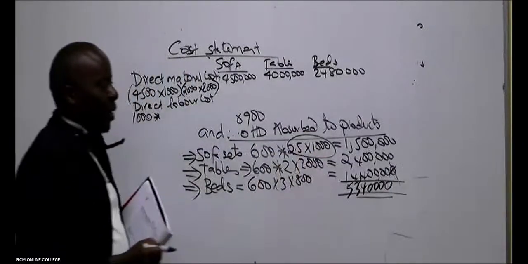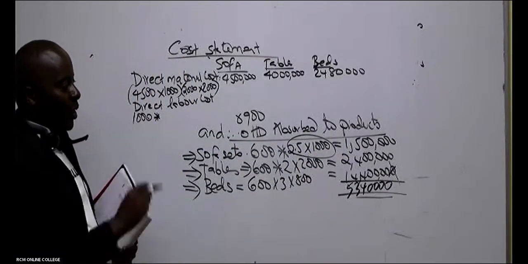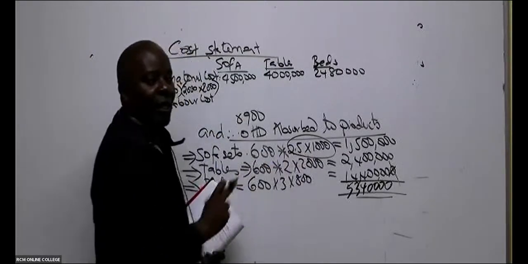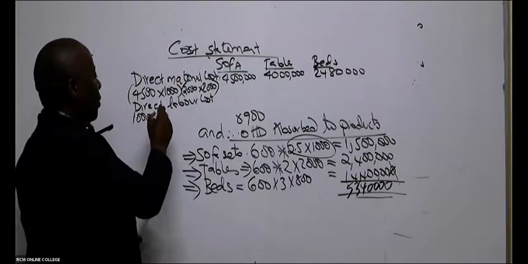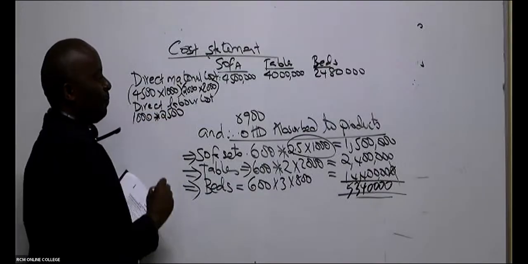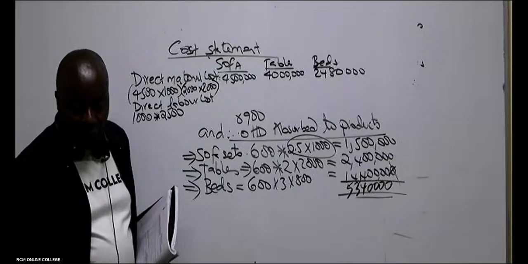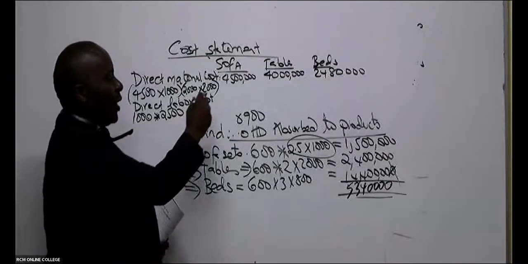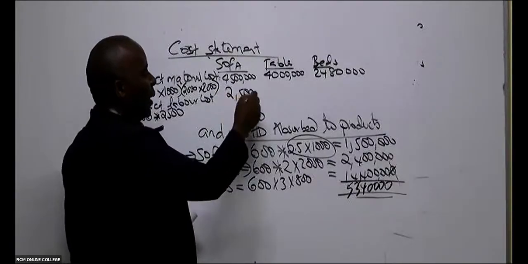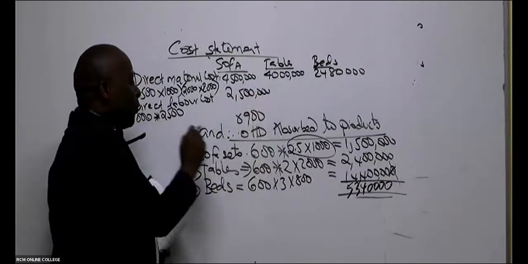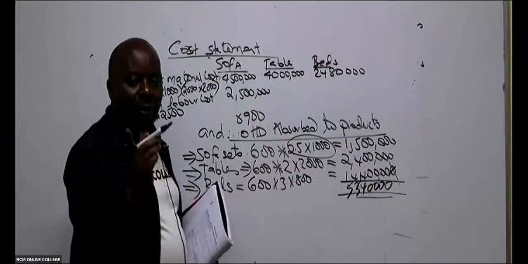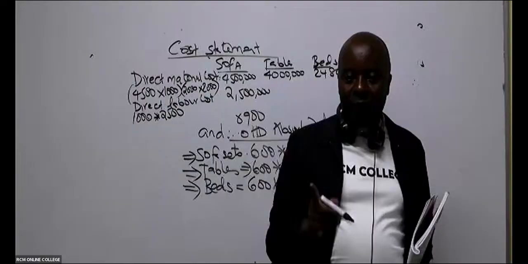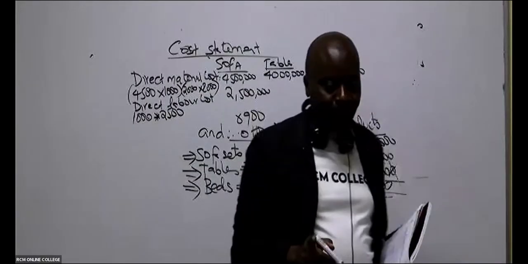Each sofa is 2.5 hours, and you're going to produce 1,000, so it will be 1,000 times 2.5. The online ninjas are telling me it is 2.5. Remember, 2.5 is per sofa set, and we are doing a cost statement for the whole company.